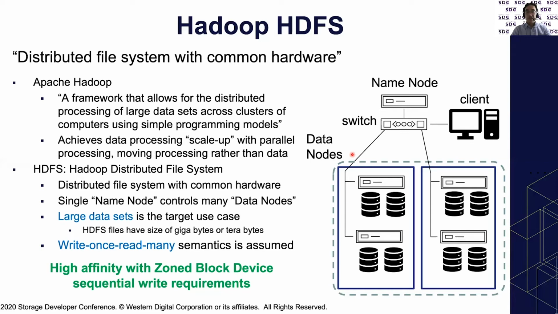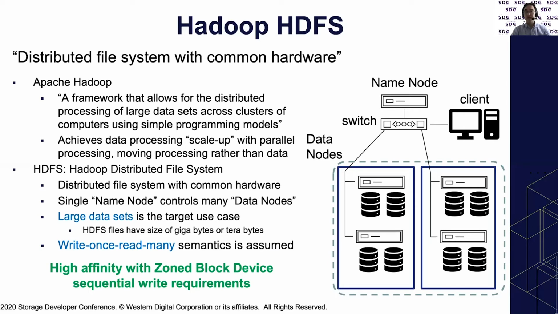One of the key HDFS designs is that it targets large datasets. Gigabytes or terabytes file size is assumed for HDFS use cases. And the other key design is that it assumes write once, read many semantics. These design points have high affinity with zoned block devices.